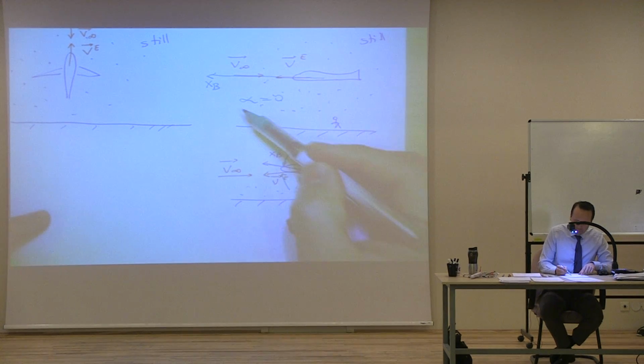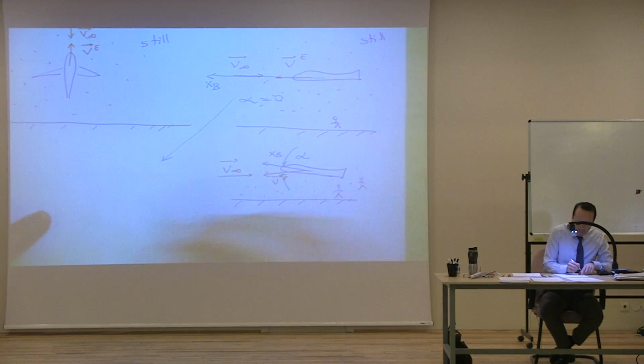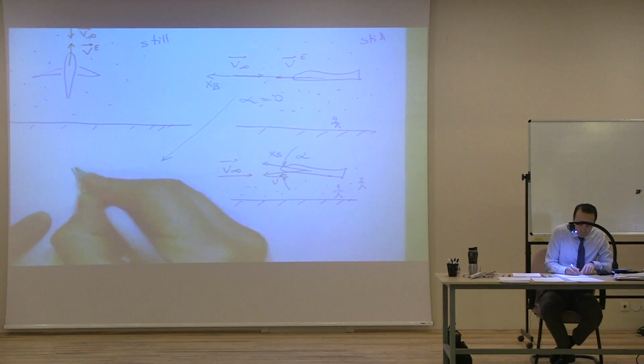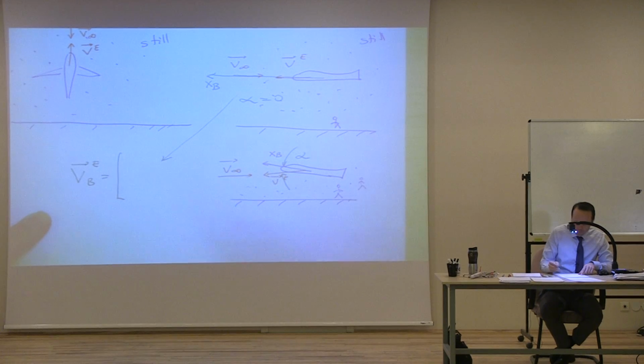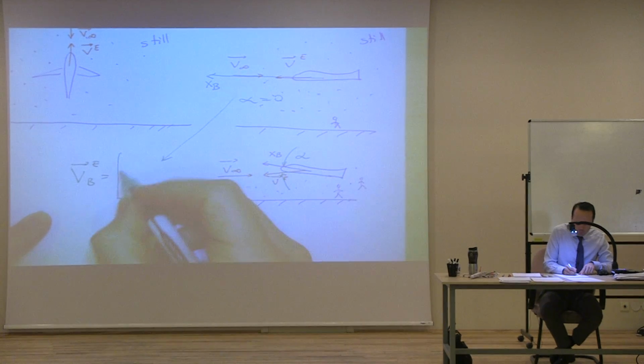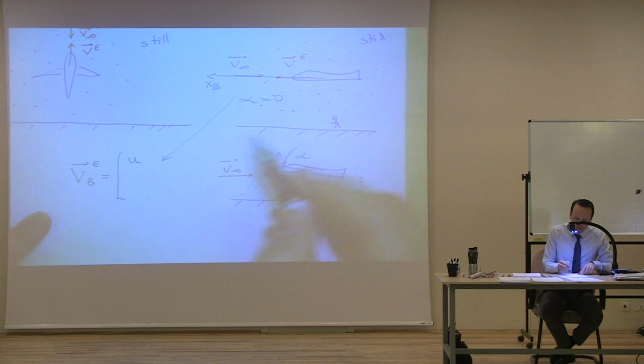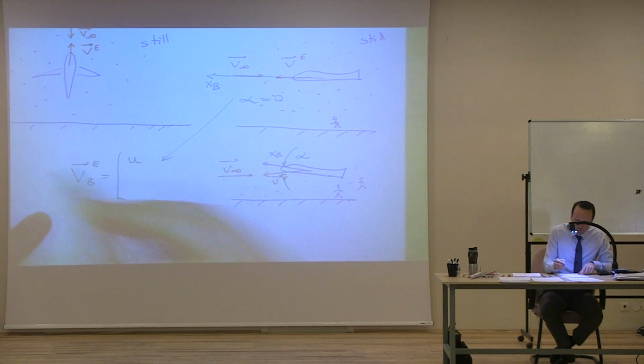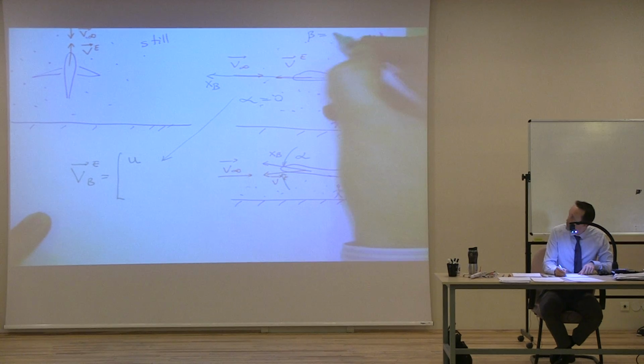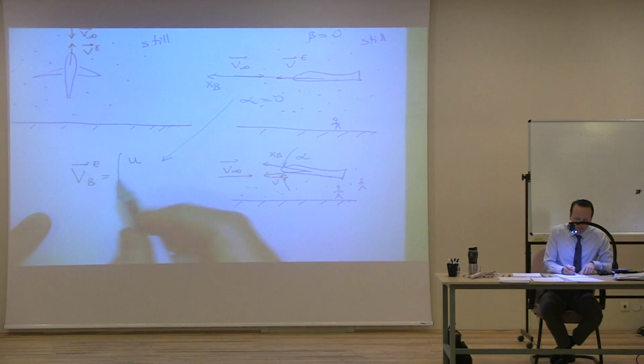So, can you write VE in the body fixed coordinate system over here? There will obviously be a U for this one. What will it be in Y if beta is equal to 0? Let's say beta is equal to 0. What will be the Y direction? 0.